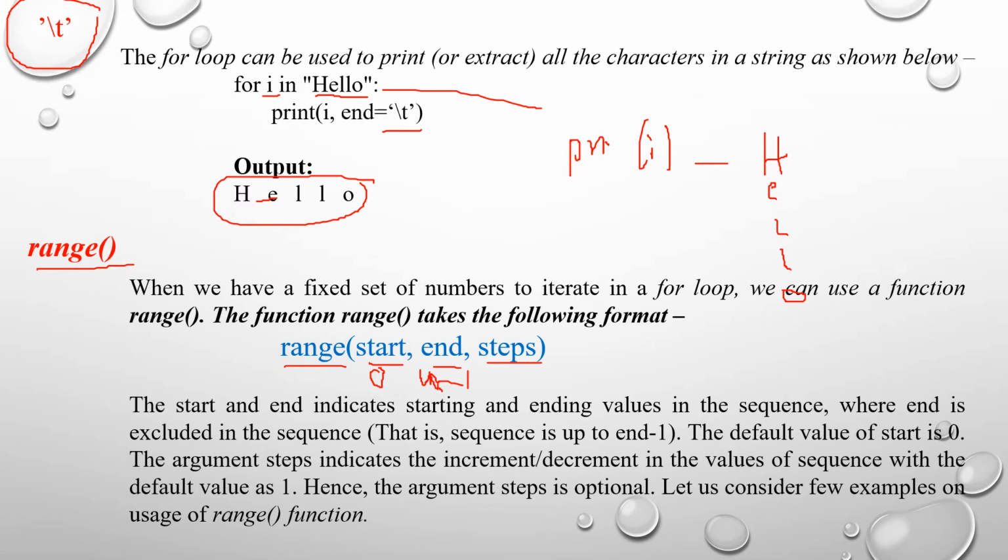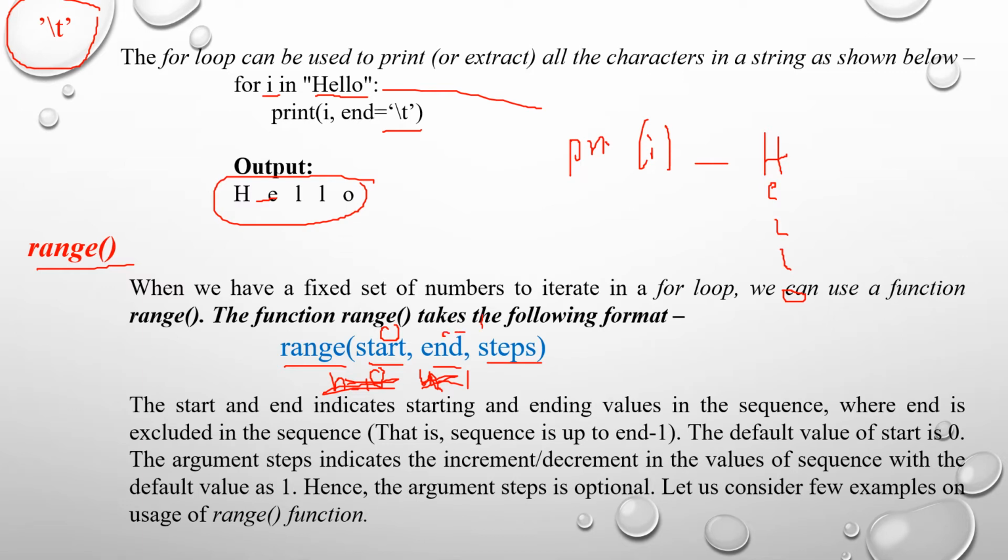For example, let us assume n is equal to 4. Here the default value for the start is 0 and the end value is n minus 1.